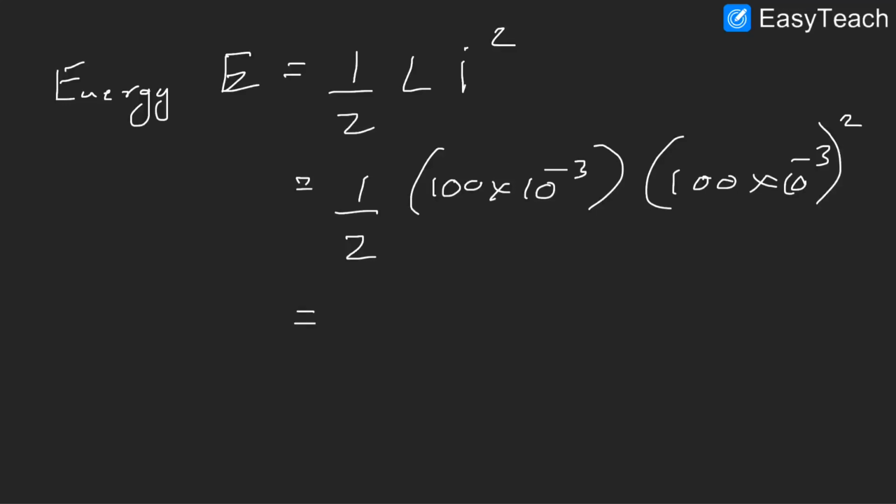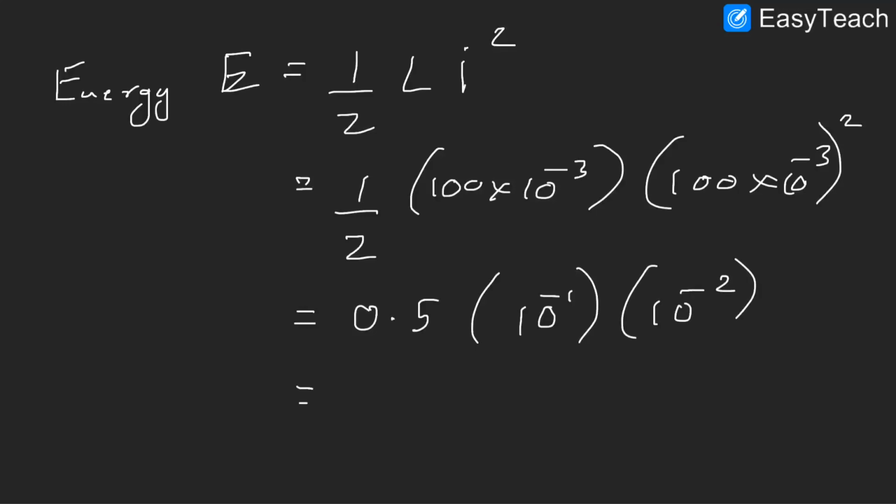So it's going to be half is 0.5 times 100 into 10 power minus 3 is 10 power minus 1, and this is going to be 100 into 10 power minus 3 again. It's 10 power minus 1 times 2, so that's going to be 10 power minus 2.